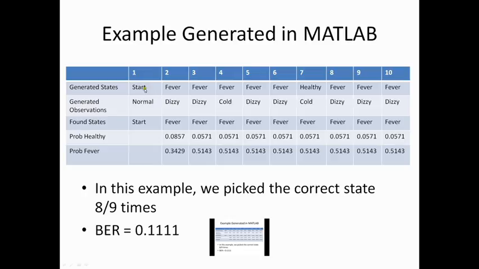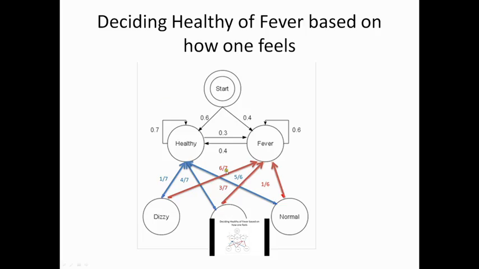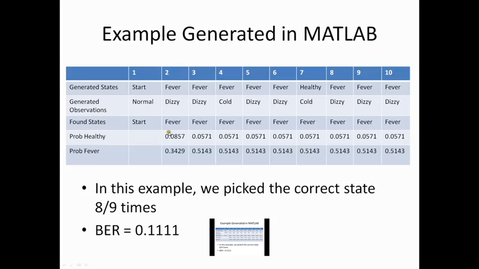So I multiply the 1/7 times the 0.6, because that's my probability of being healthy, and I multiply the 6/7 times the 0.4, and it gives me basically a 9% chance of being healthy and a 34% chance of having a fever.